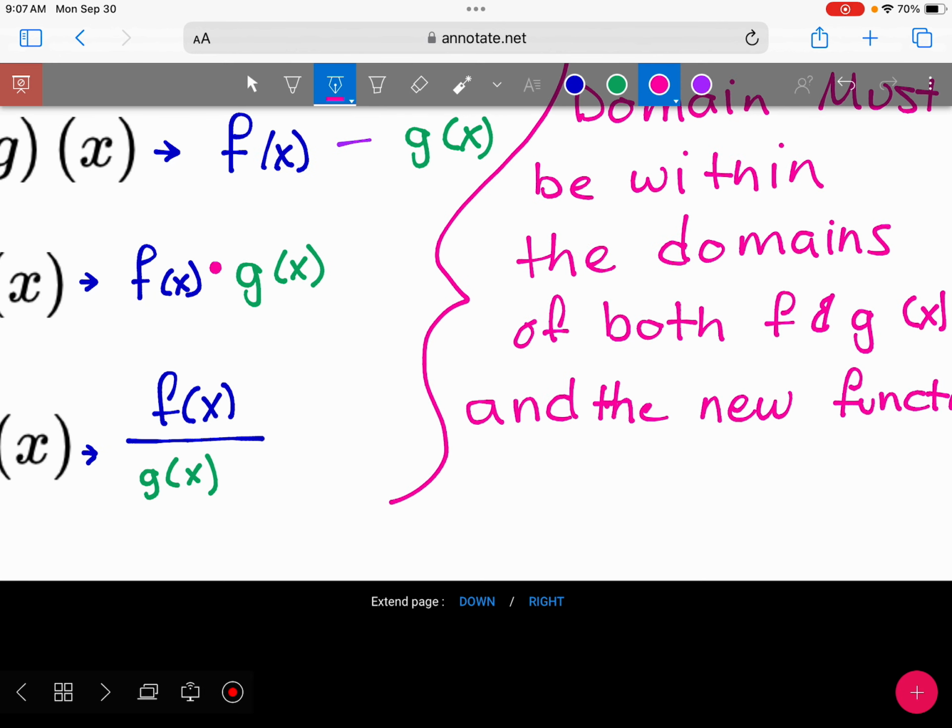Particularly with our division here, we are also going to need to be careful that g of x cannot equal 0, because we can't divide by 0. So we have to be super duper careful with our division one. There's going to be a lot of times where kind of funky things come into play.